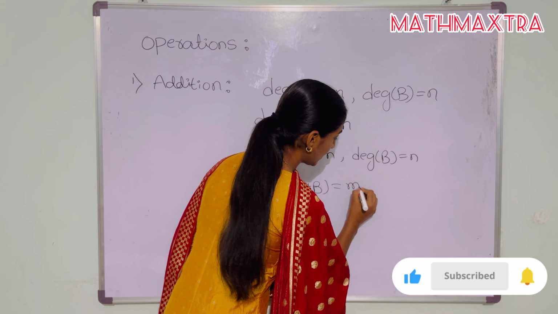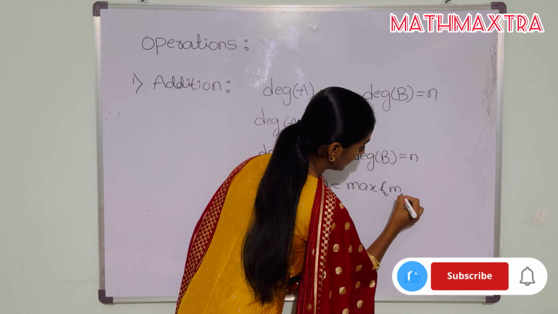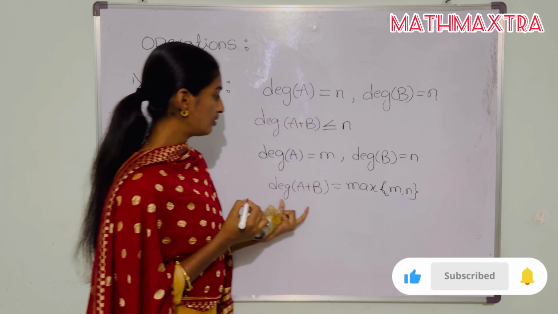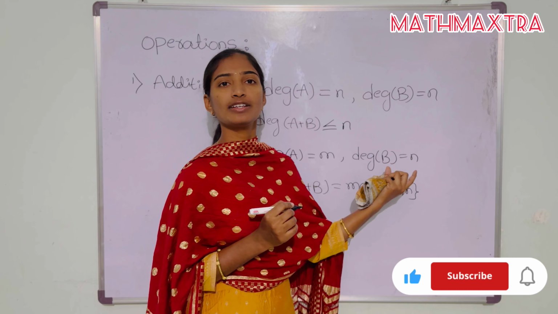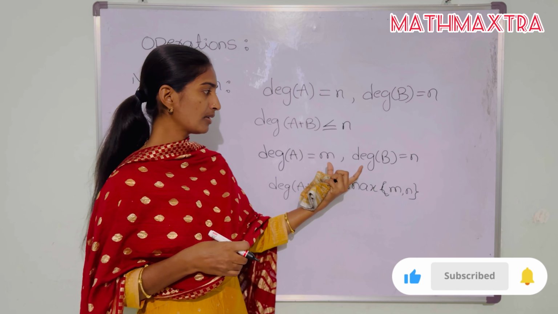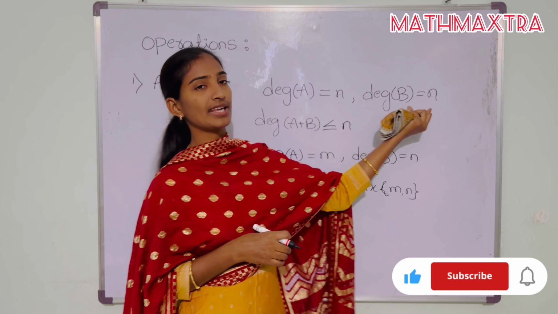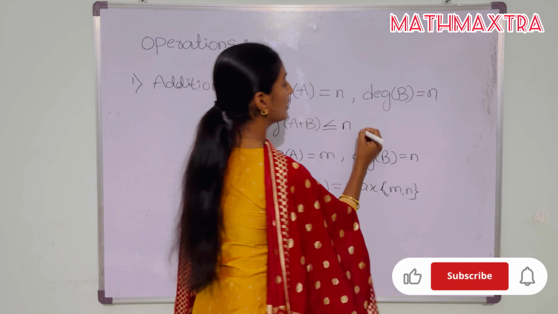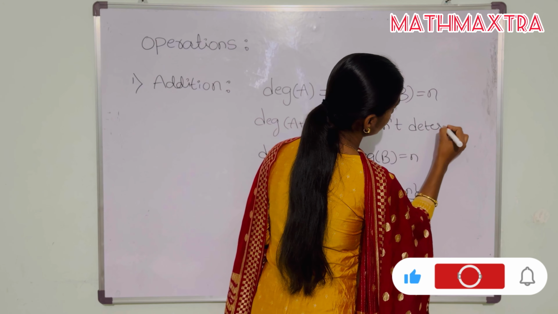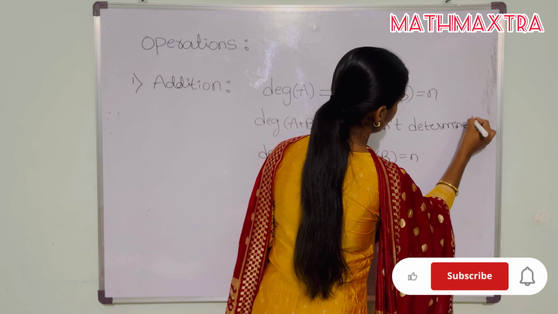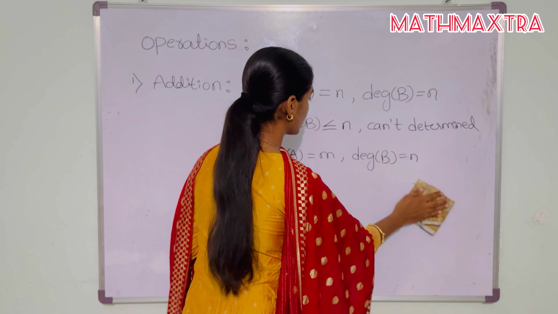So we can generalize it as the maximum of m comma n. So we can define the degree of a plus b if their individual degrees are different. This time it is the maximum of m comma n. If those two are of the same degree, then it cannot be determined. Okay, this you have to understand. Now we'll consider some examples.